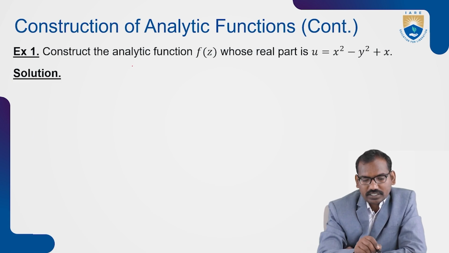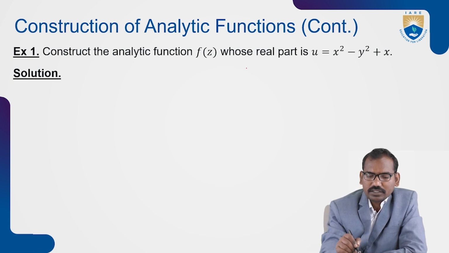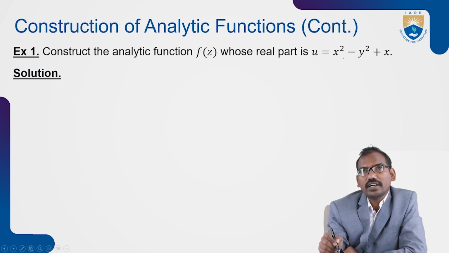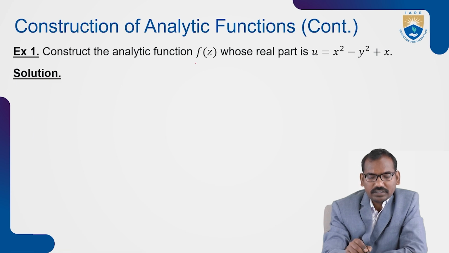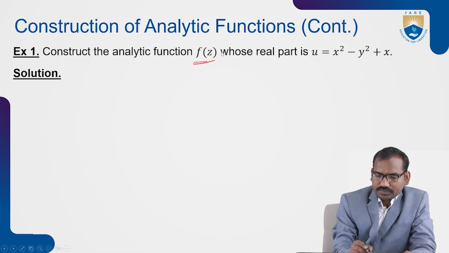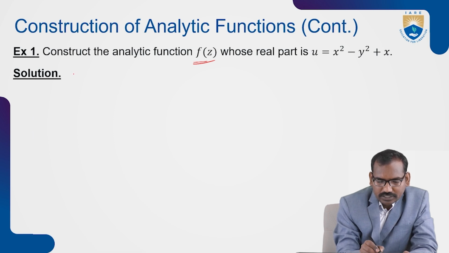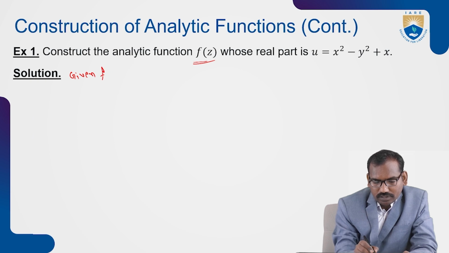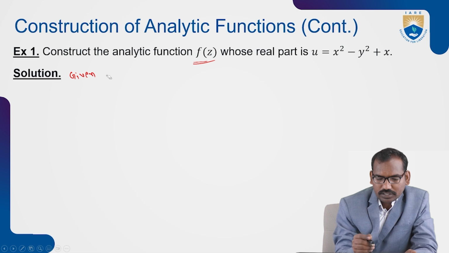Here, construct the analytic function f of z whose real part is given. Okay. So here only a real part is given, and you have to find f of z. It is given to us u.